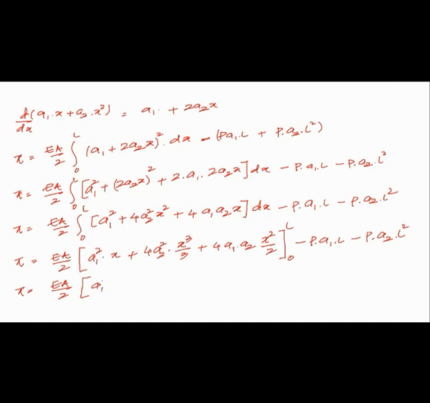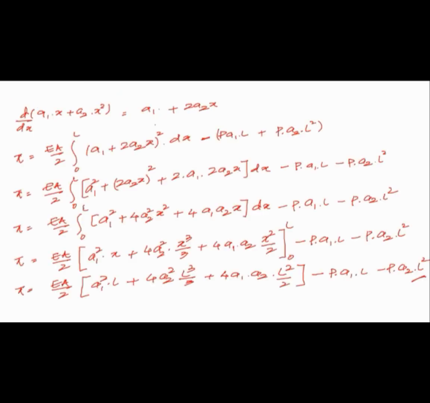Therefore, it is a1 square into L plus 4 a2 square, it is L cube by 3, plus 4 a1 into a2 into L square by 2. Lower limit is 0, that I am not showing. Then minus p into a1 into L minus p into a2 into L square as it is. These two terms I'll keep as it is.